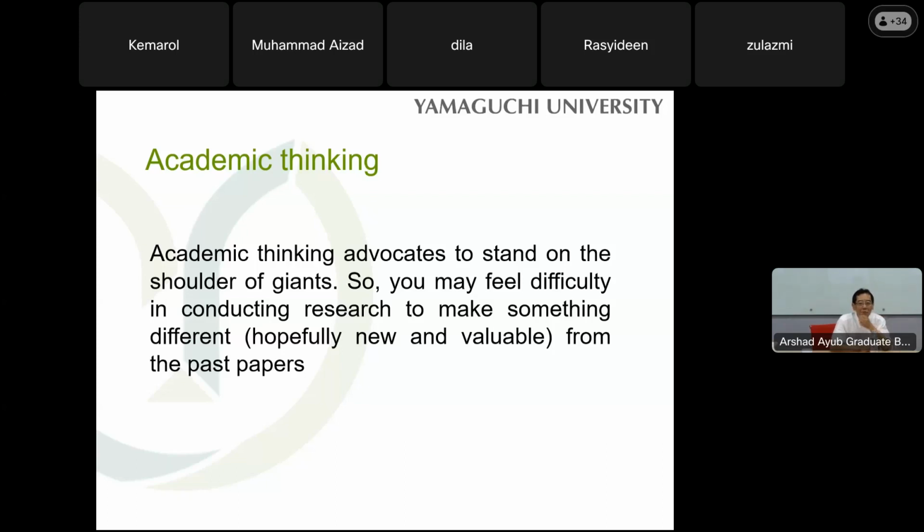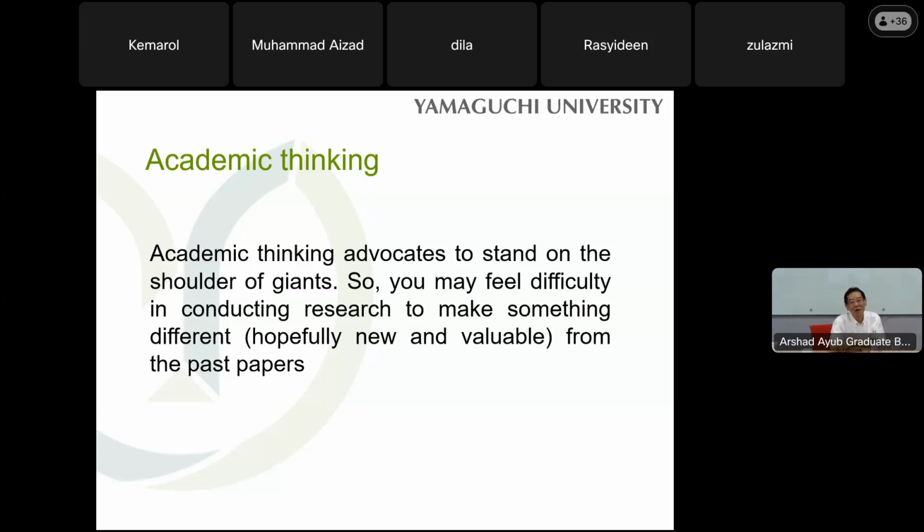So, before hearing this casual talk so far, you may feel difficulty in conducting research that makes something different. But just imagine a new pen. Even though one stationery company markets a new pen, most new products are not so different from the incumbent product.